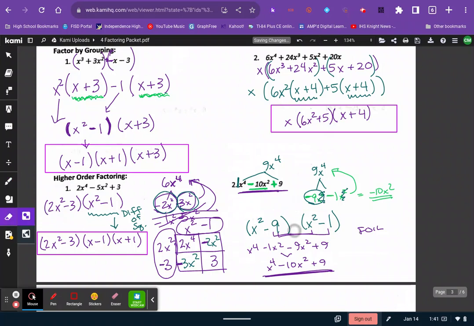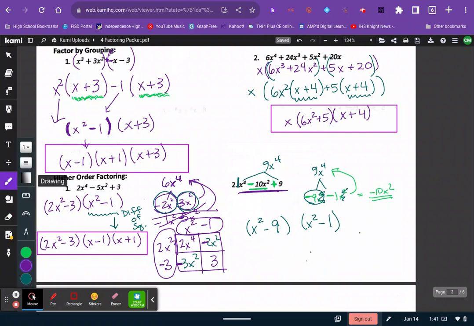I just need to check my answer so far and see if anything else can be factored or if I'm actually finished. So of these two sets of parentheses I'm left with, can I continue to factor, or are they all done?